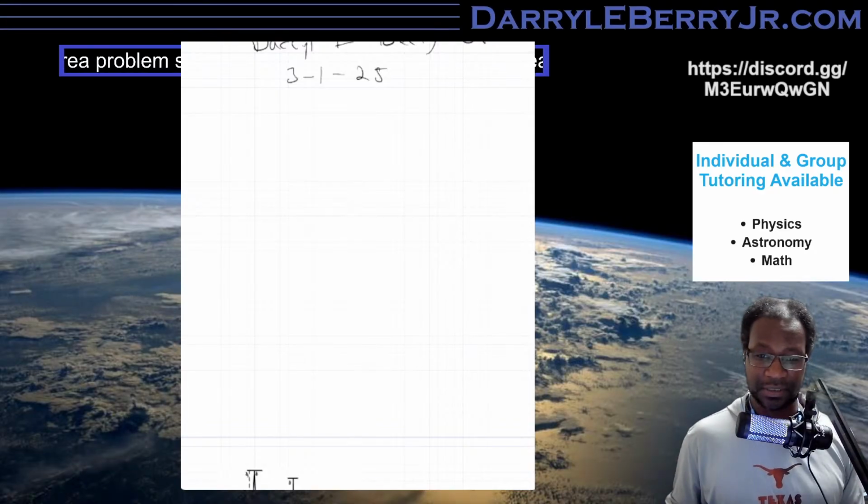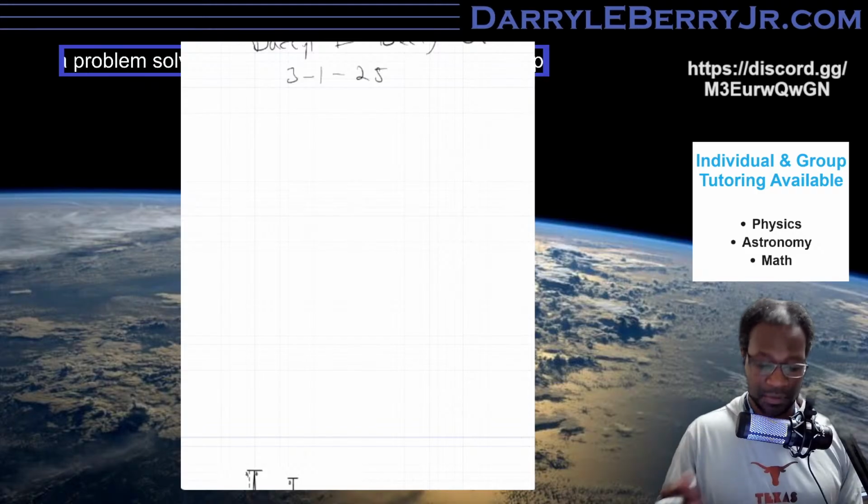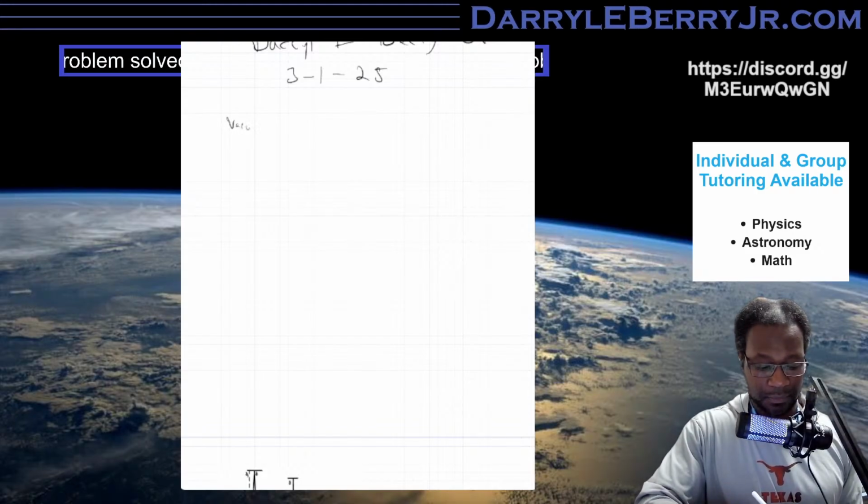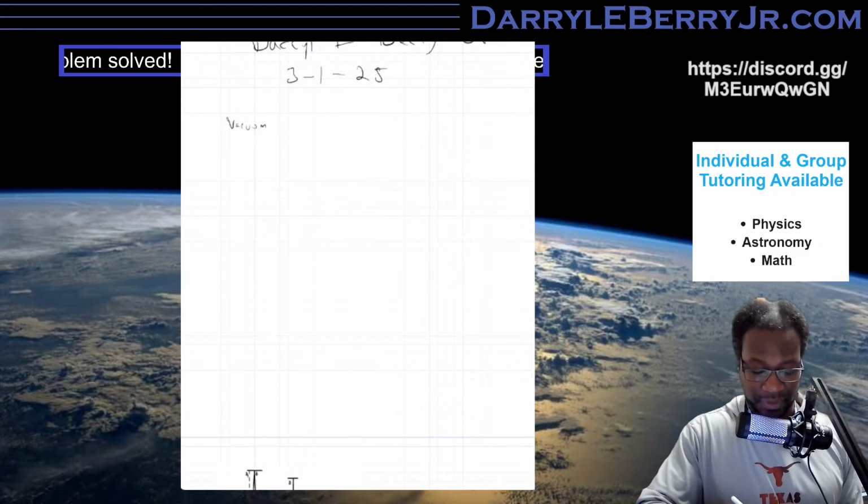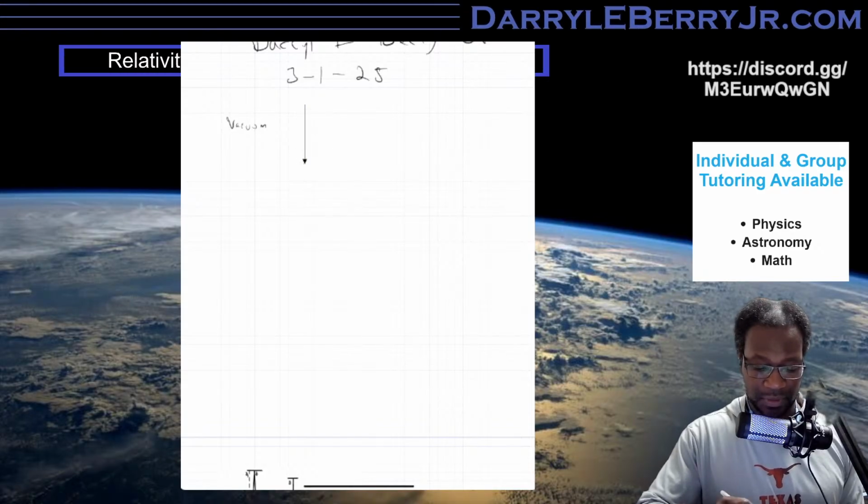So the idea is basically, in a vacuum, we have the speed of light, c. Let's say light is coming down this way from the sky, and we have the Earth moving. Let's say the Earth is moving that way.